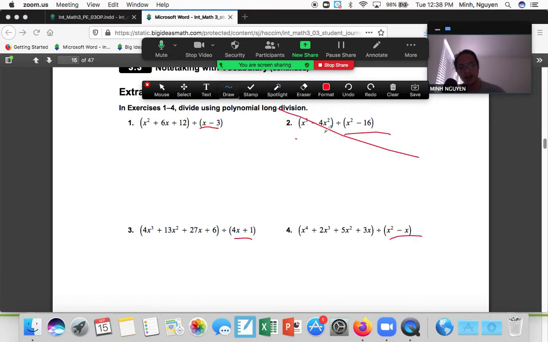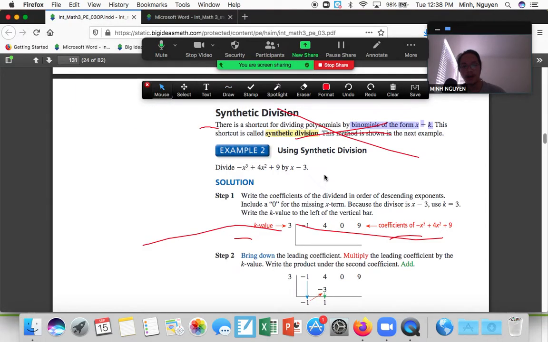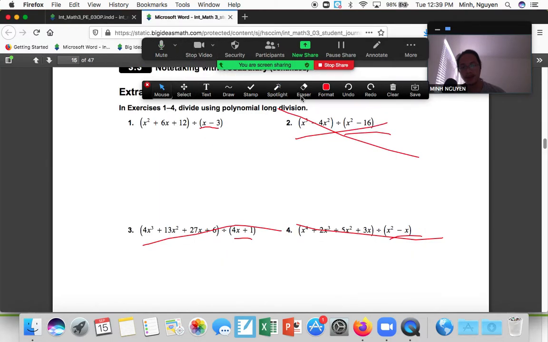So we cannot do synthetic on any of those. And just to show you how it goes, I will go over this problem, and then I will also show you this one. It has a placeholder value, so I will leave that one for second, and I'll do this one first.